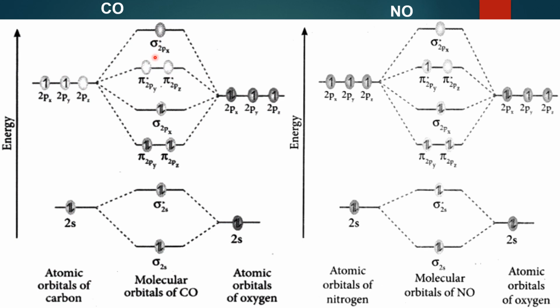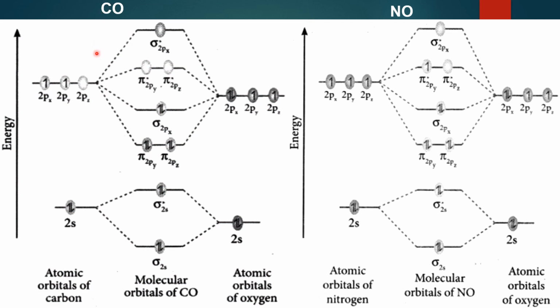Here we have to identify the number of bonds between two dissimilar atoms. In the CO molecule, you identify the number of bonds between carbon and oxygen. In the NO molecule, you find the number of bonds between nitrogen and oxygen.